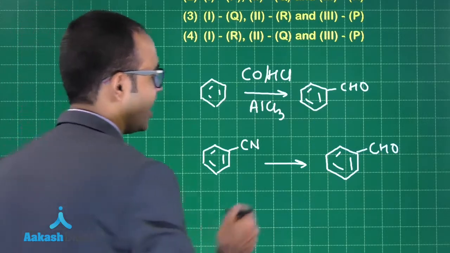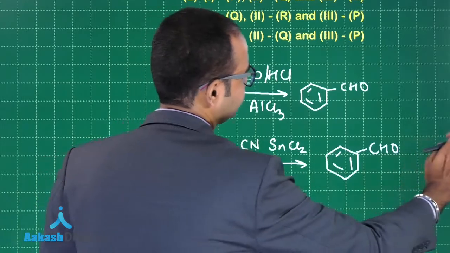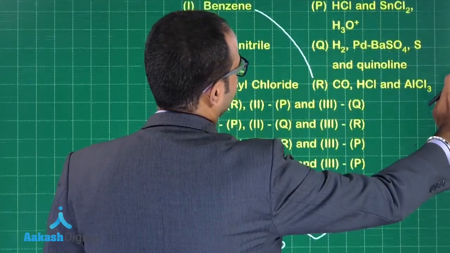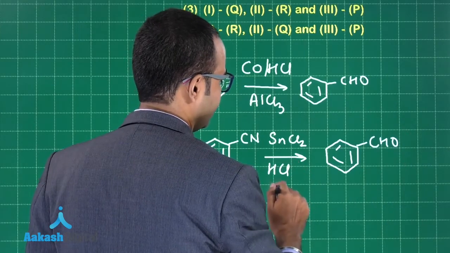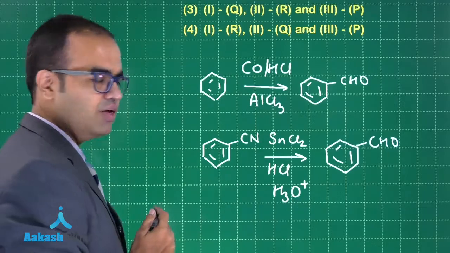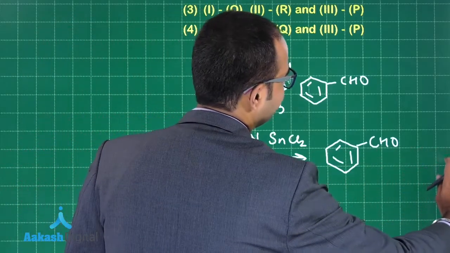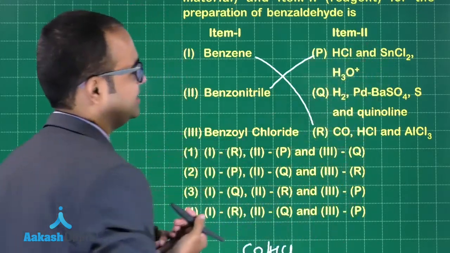That is, I will use SnCl2, HCl and H3O+. Okay, so that is your benzonitrile getting converted to benzaldehyde.